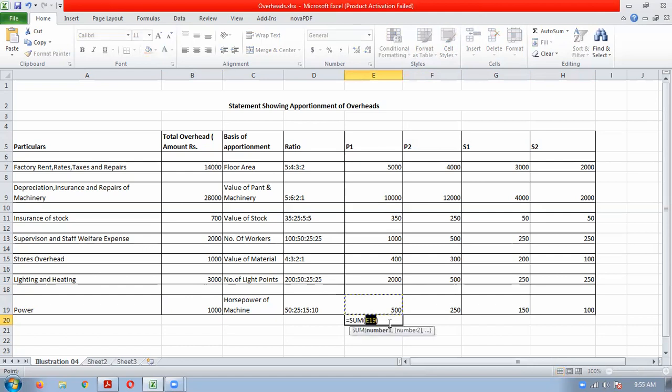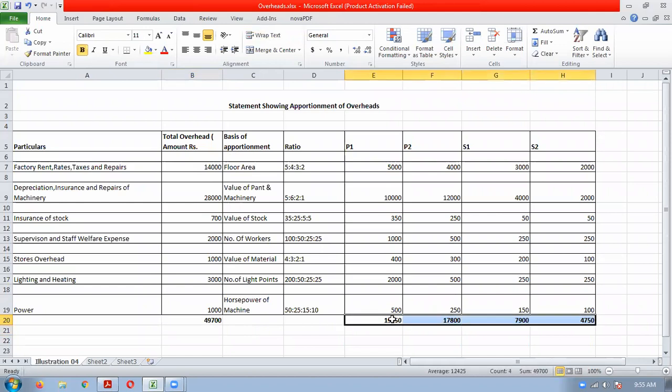So you can do the total also. So this will be the total amount allocated to different departments. If you do the total of these 4, you will get the same amount, 49,700. Okay. So this is about apportioning the overheads to different departments.